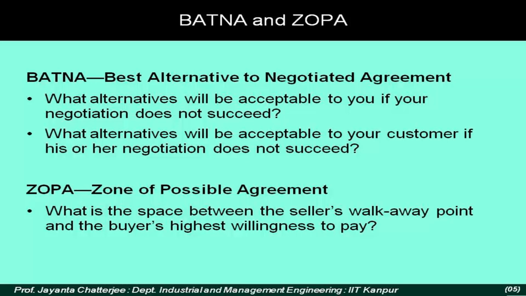So this understanding of the zone of possible agreement is very important. An estimation of that is very important before you get into the negotiation stage. So these two important concepts are summarizing actually most of the theories and practices of negotiation.